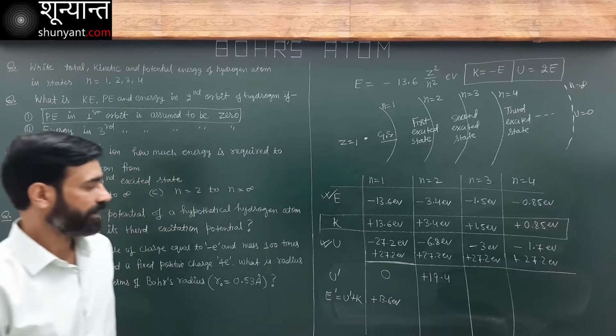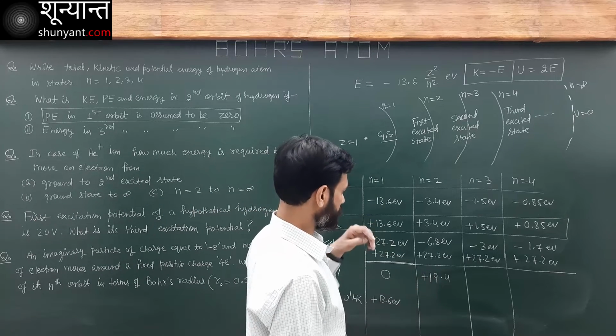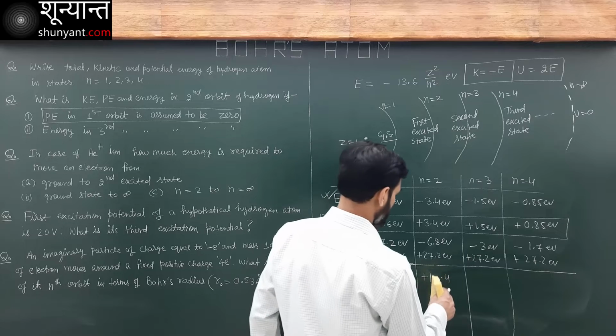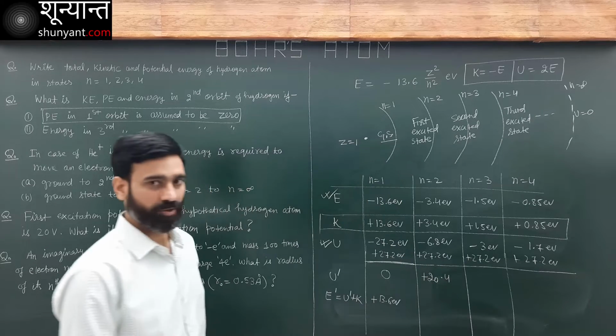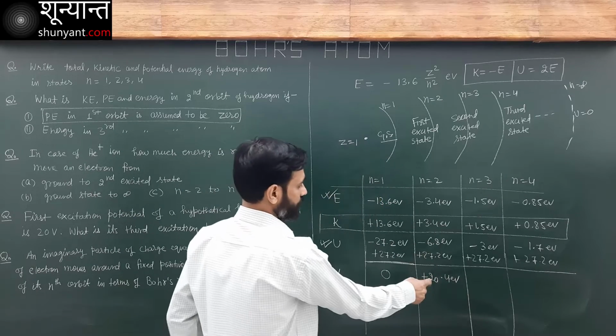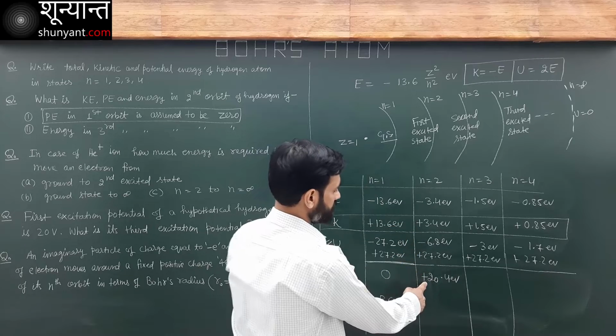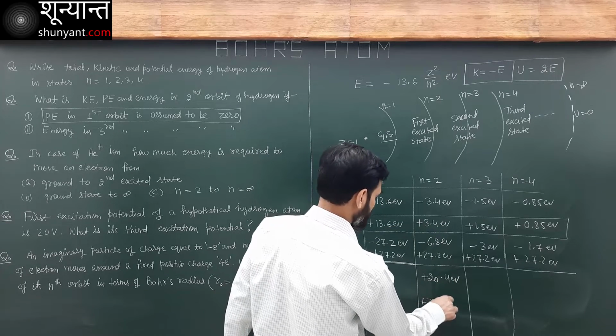Is that right? 19.4 or 20? Is it 20? 20.4. Plus 20.4 electron volt. Then what will be total? So this plus this, 23.8 plus 23.8 electron volt.